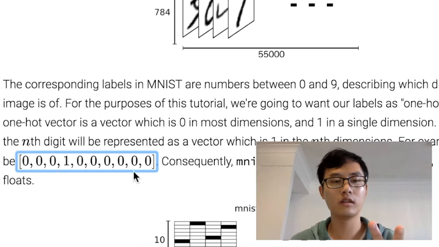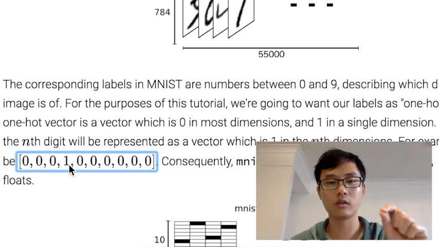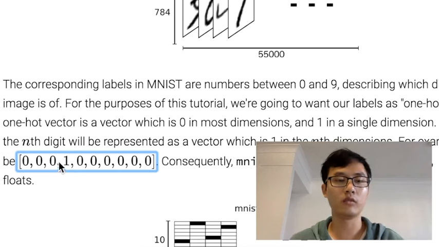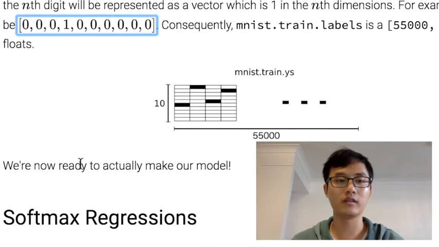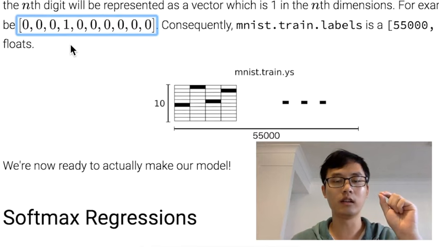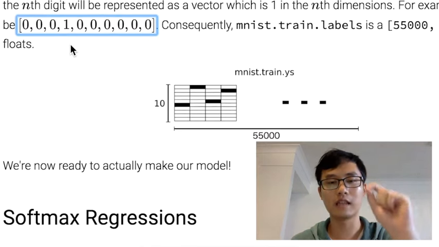In this example, they put 1 in the fourth position, which means this one is the digital number 3, and they put 0 in the other locations, because once you want to represent one class, you just put the 1 in that location to represent that class.